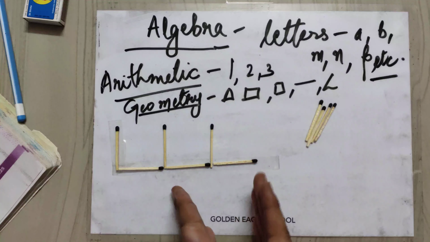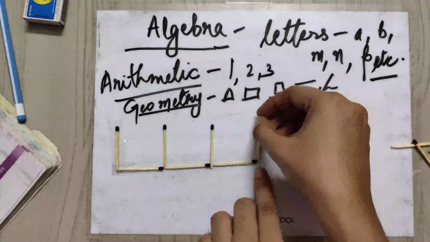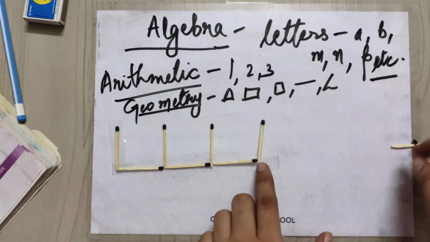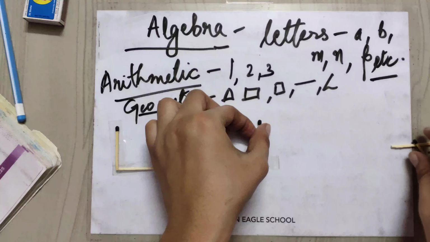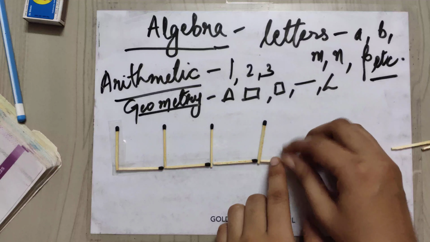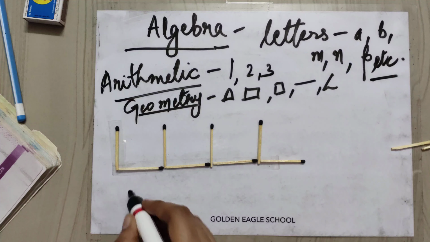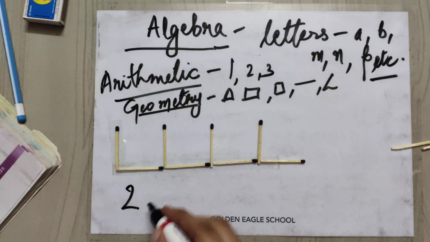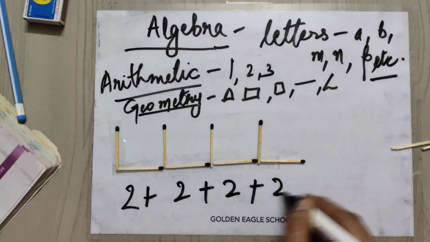So there is a pattern in how many matchsticks we use while forming L's. Each L is formed by two matchsticks, so we are adding 2 plus 2 plus 2 plus 2.